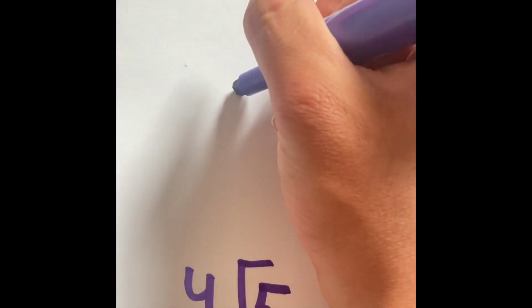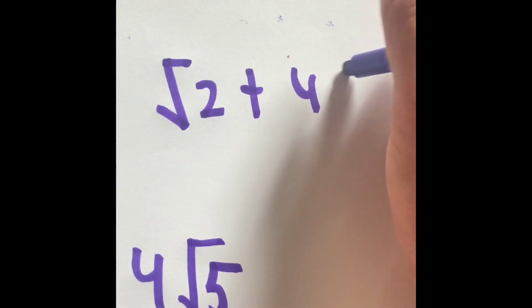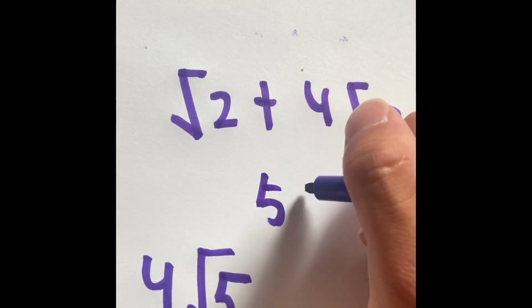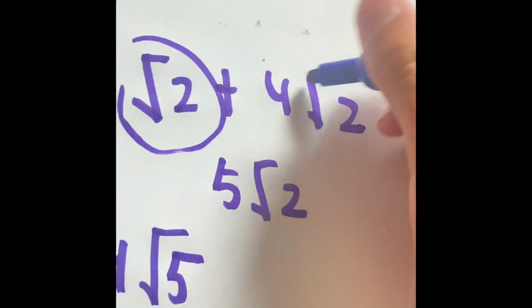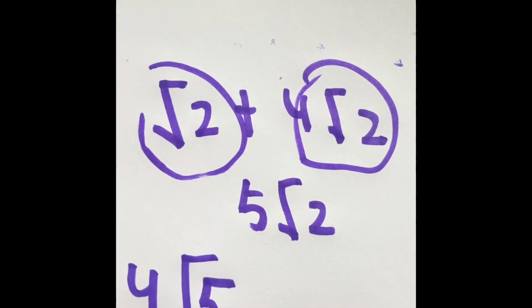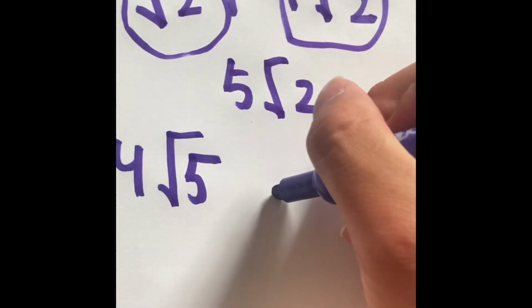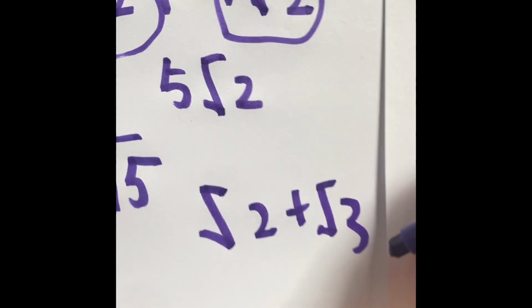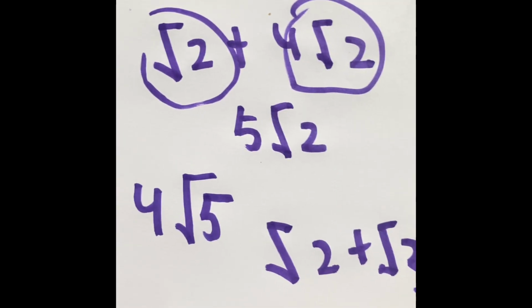If we find something like the radical of 2 plus 4 times the radical of 2, that is going to be 5 times the radical of 2, because radical 2 and 4 radical 2 is basically like combining like terms. But if you add the radical of 2 and the radical of 3, you can't really simplify it, so you leave it like that. So let's get started.